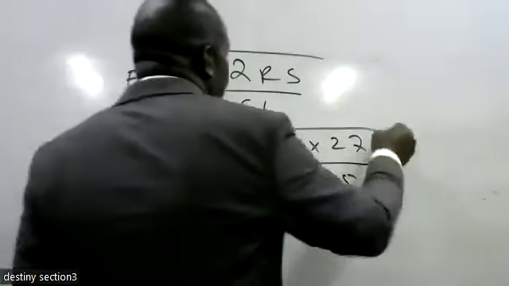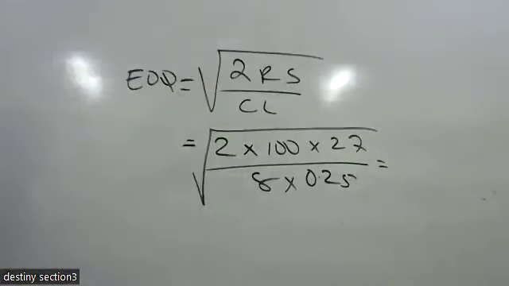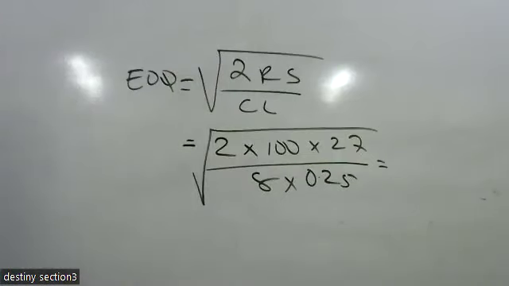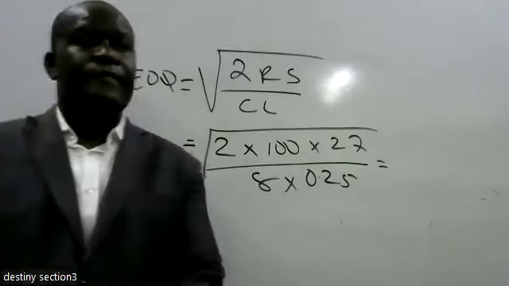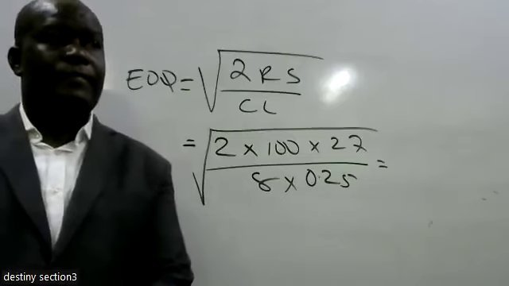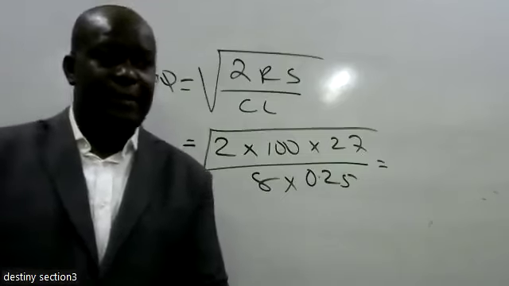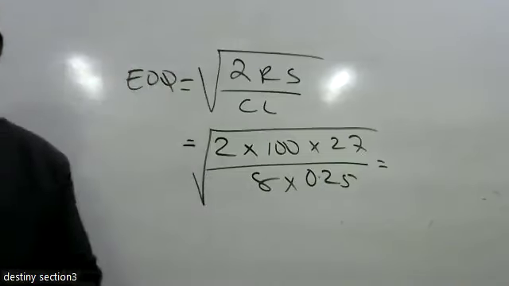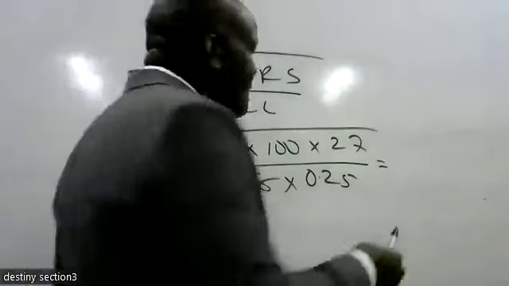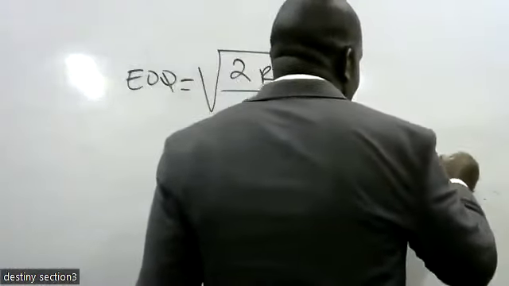Then let's take the square root of that to give us the economic order quantity. Is that right? 51.96.